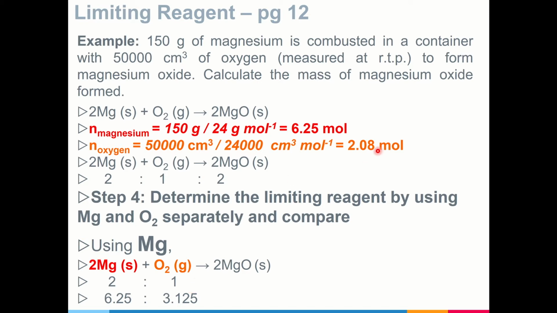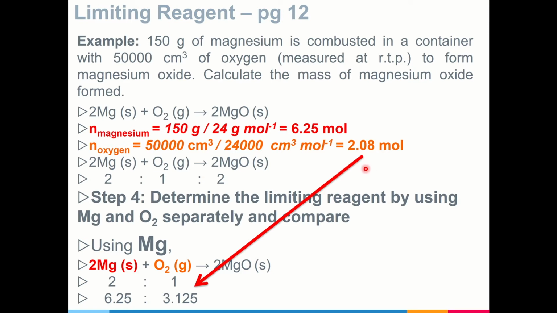But how much oxygen are you given? You need 3.125 oxygen to react with this amount of magnesium, but you are only given 2.08. Is it enough?